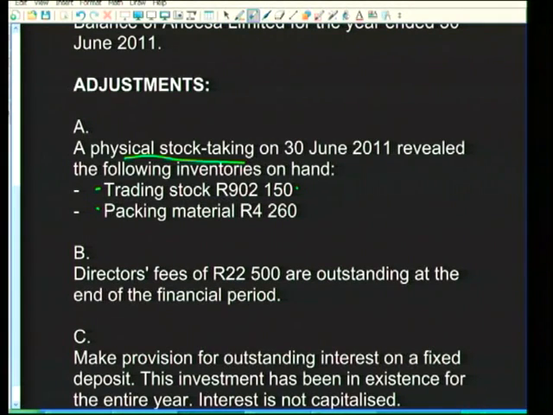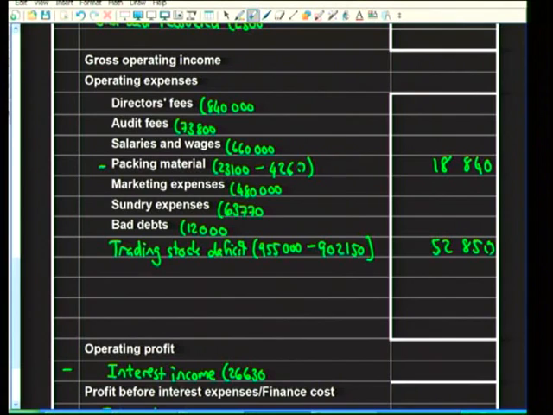What we do when we see an adjustment like this is you should immediately see that we are going to calculate either a trading stock deficit or a trading stock surplus in this question. And in the second part, in packing material, we know that this is your consumable stores on hand adjustment. Okay, so that's the first adjustment done.